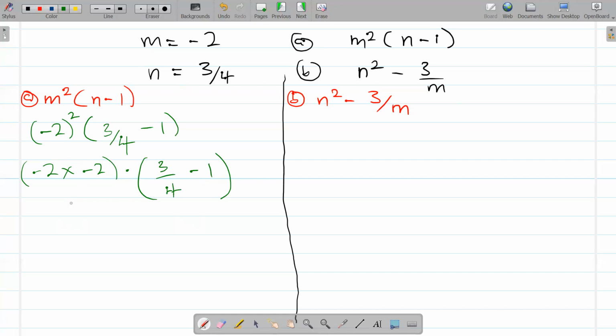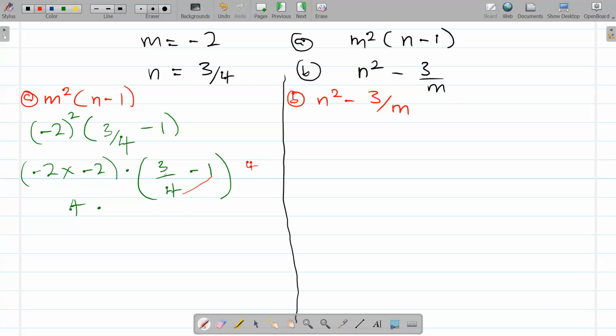Good. So now we have 4 times this 3 over 4, which can be converted easily. Whenever you see a fraction minus or plus a whole number, you multiply the denominator by the whole number. So 4 times 1 is 4.